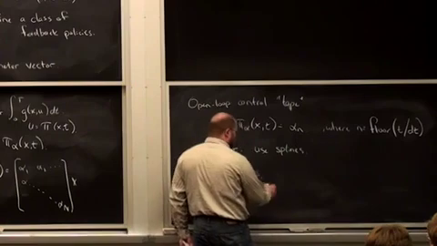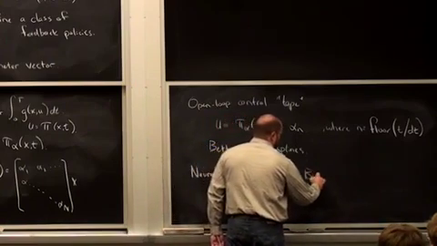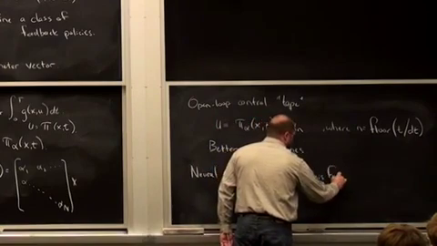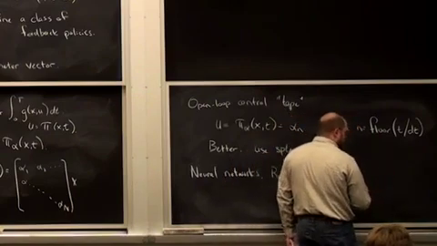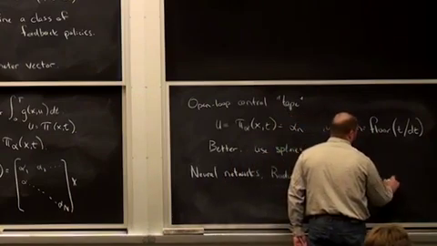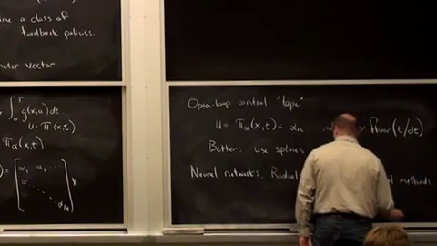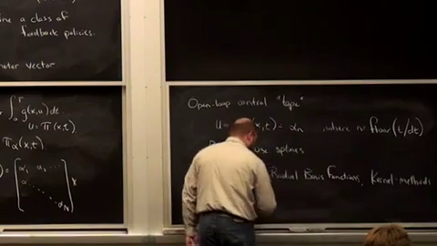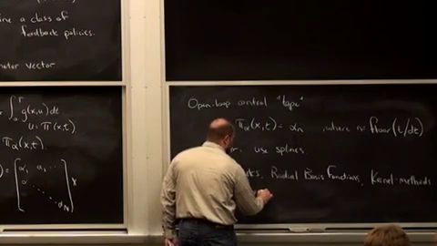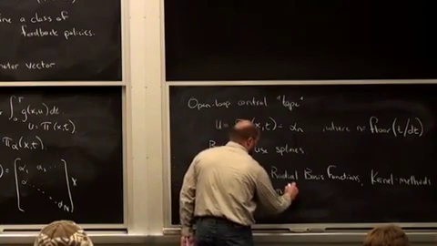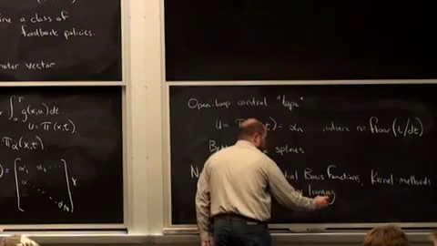There's a lot of work on things like radial basis functions, and in general a lot of kernel methods in machine learning. The point of this line is you can use general machine learning function approximators.